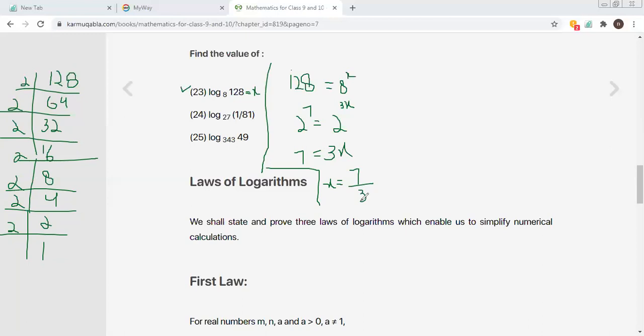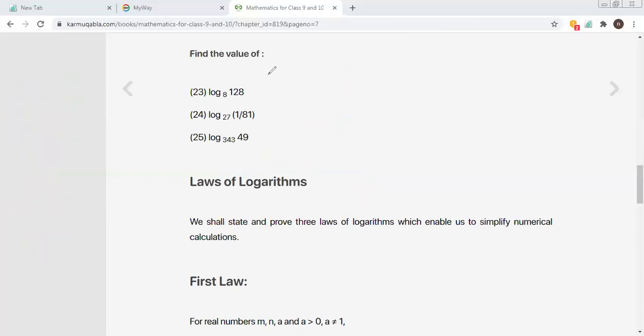Okay, now next question, question number 24, the second last question. Assume x on the left hand side is equal to y. Just a second.